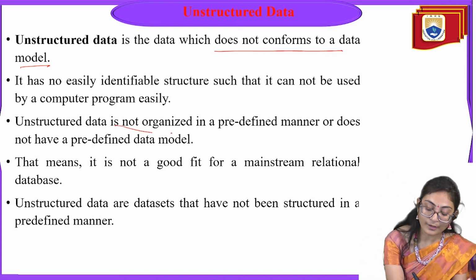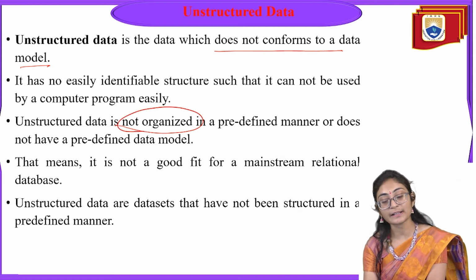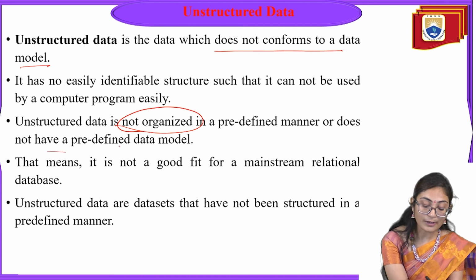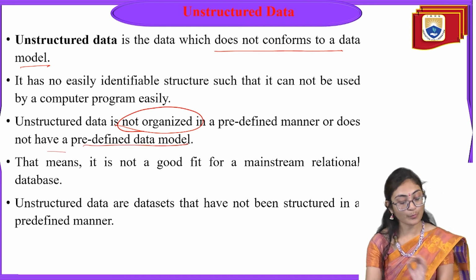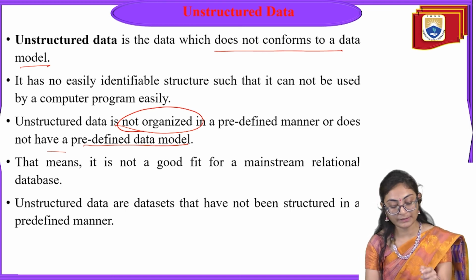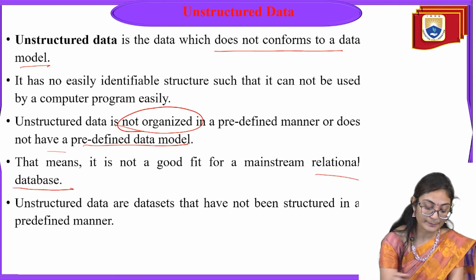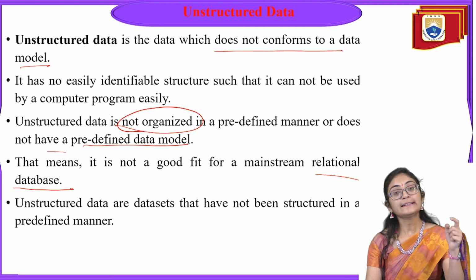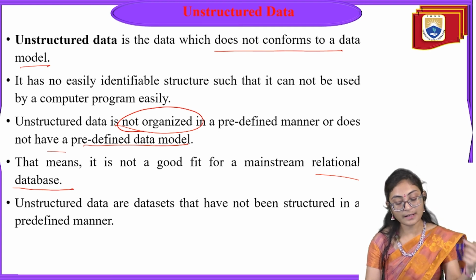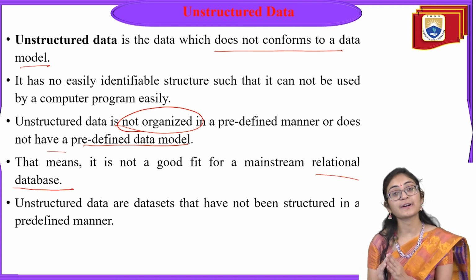Unstructured data is not organized in a predefined manner or does not have a predefined data model. That means it is not a good fit for a mainstream relational database. Unstructured data are data sets which have not been structured in a predefined manner.